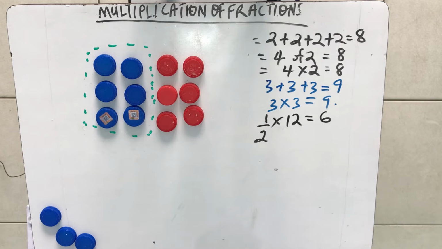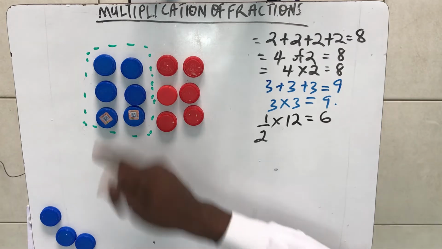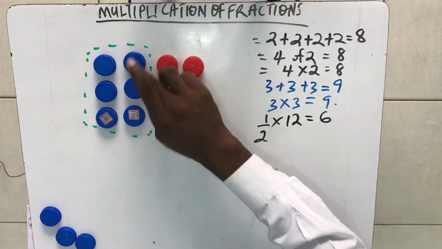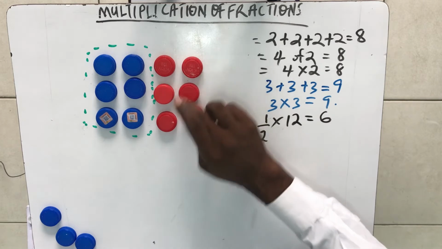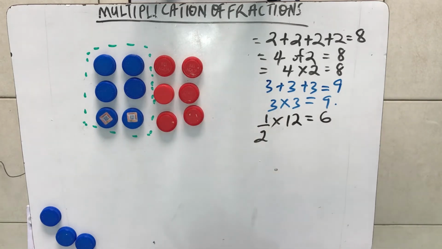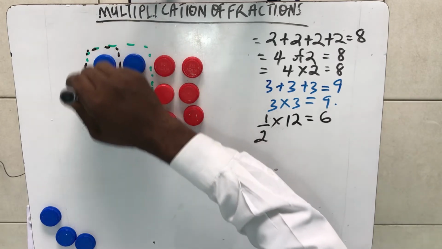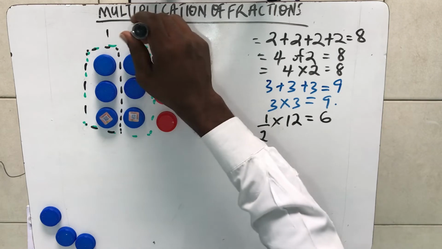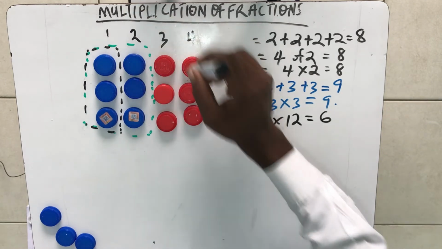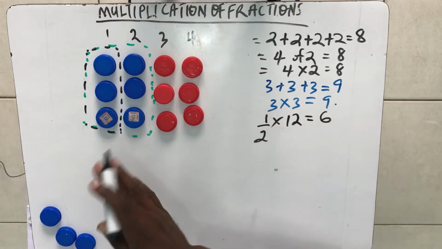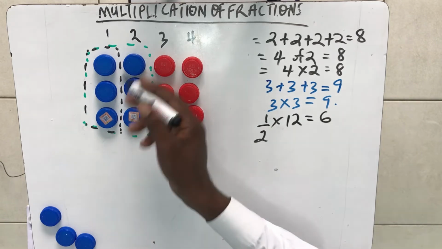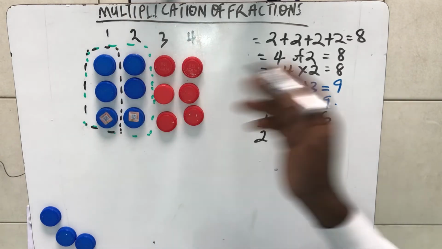Okay, what if we are to take 1 part out of 4 of the 12? This is going to be this way. 1 part out of the 12 is going to be just this part. So we have 1 group, 2 groups, 3 groups, and then 4 groups, and you take 1 out of the 4 groups.